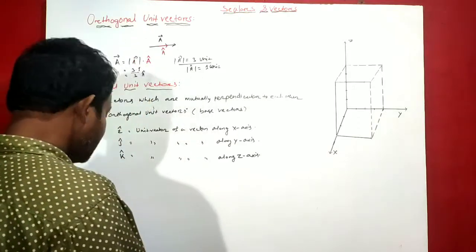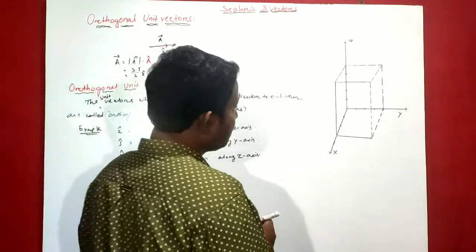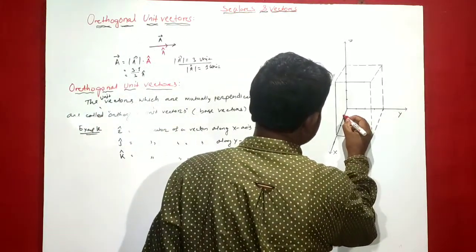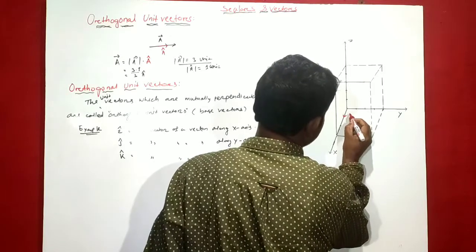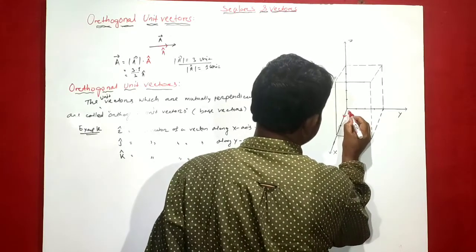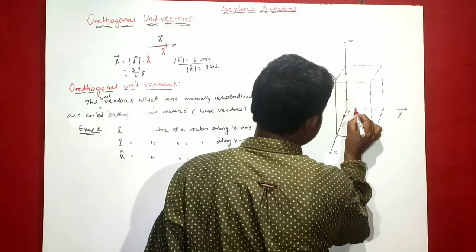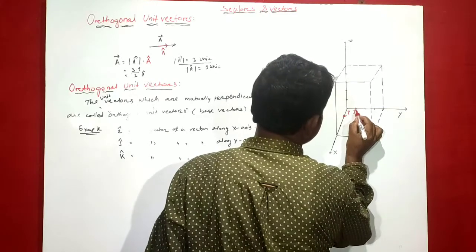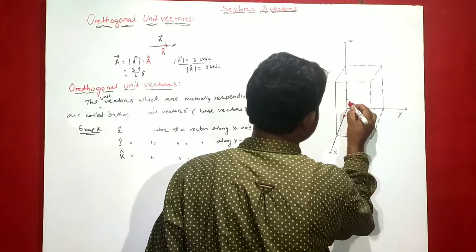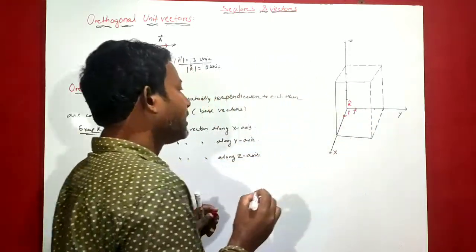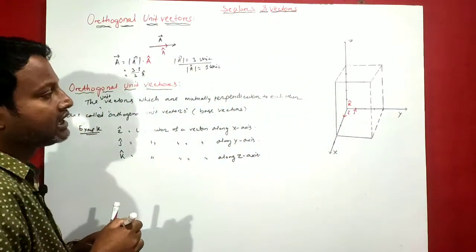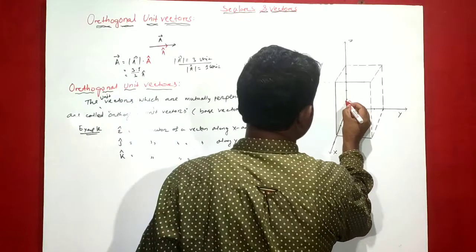Look here, this is the I cap and this is j cap and this is k cap.